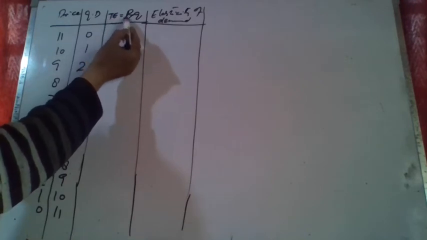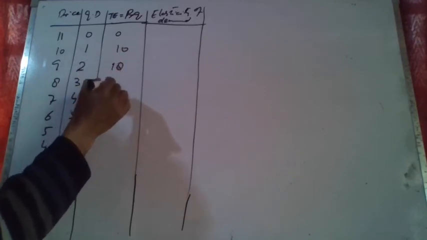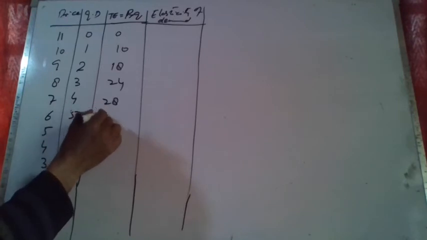So this total expenditure is P multiplied by Q: 11 into 0 is 0, then 10, 18, 24, 28, 30, 30, 28, 24, 18, 10, 0.